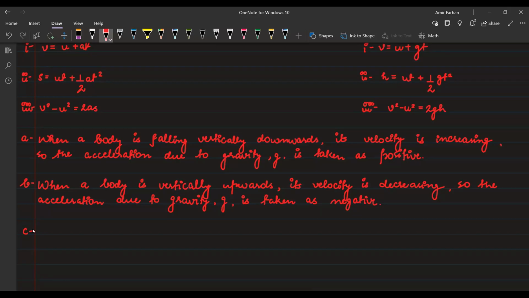So the initial velocity of the body would be 0 when the body is dropped freely from a height. Okay?